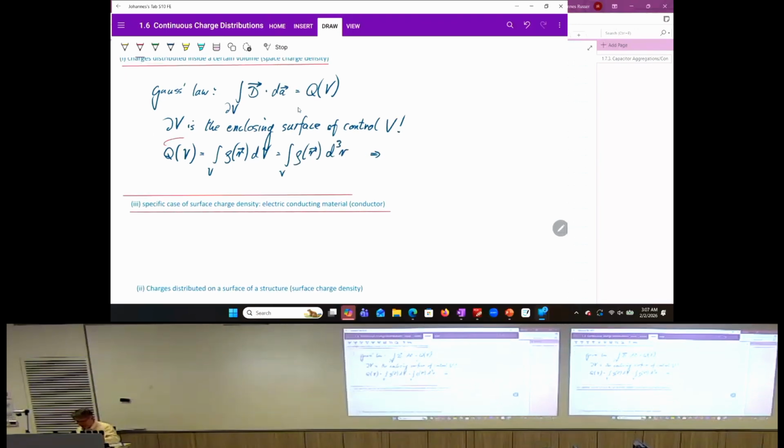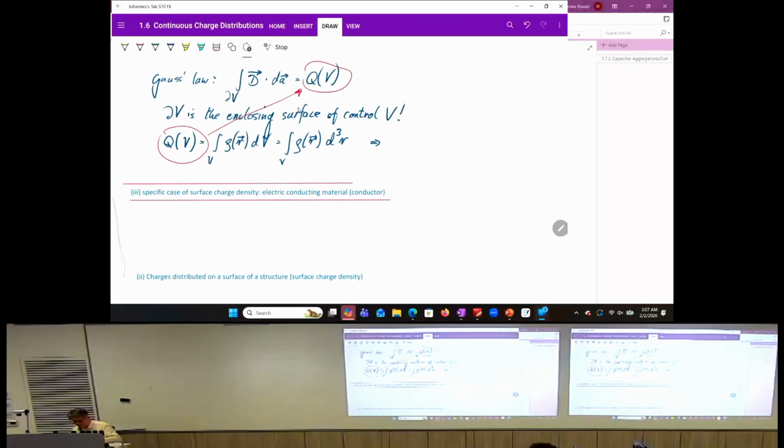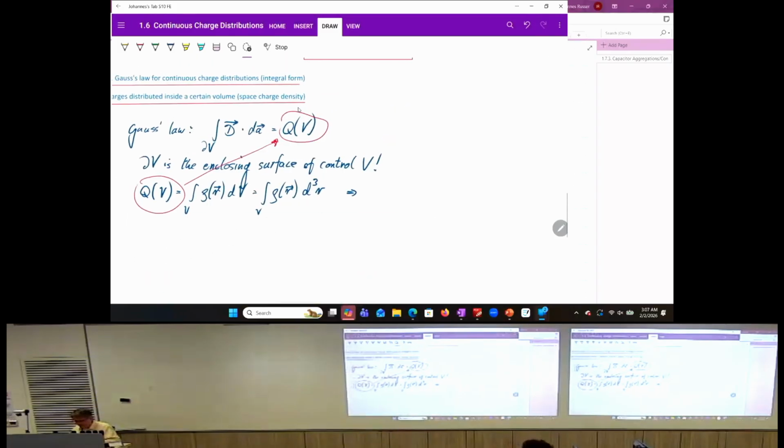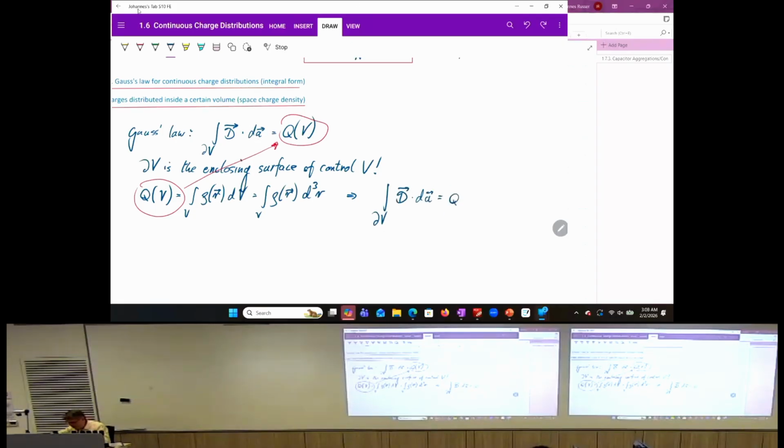You see that basically you insert that here into Gauss's law. And what do you obtain then? Well, just insert it. The left-hand side remains unchanged compared to here. This is our charge in the volume.